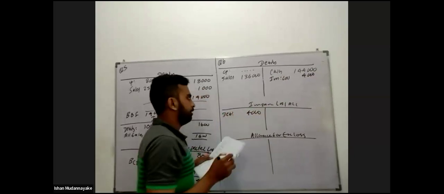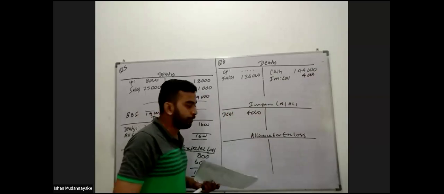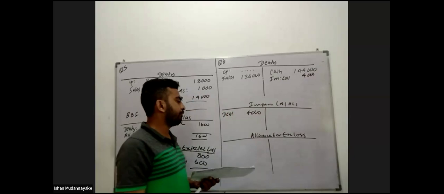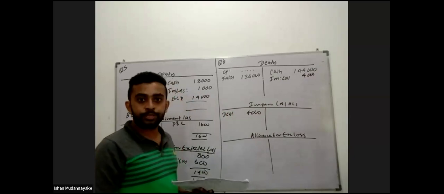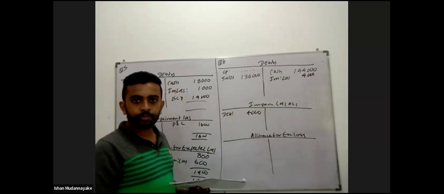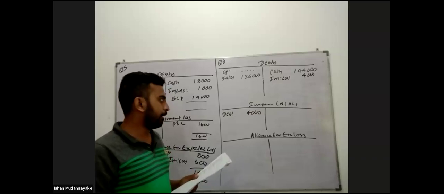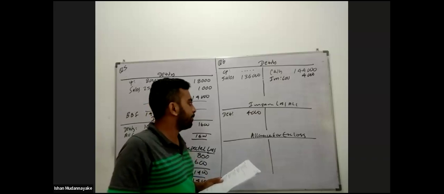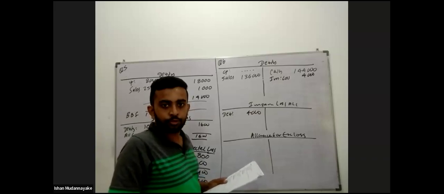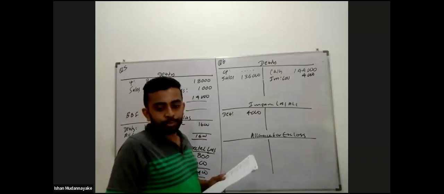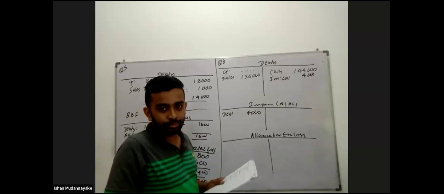Then the bad debts. You can't recover 4,000 from debtors because of the bankruptcy of his business, so that 4,000 you can directly remove from the debtors account. Debtors account credit, impairment account debit. You know the exact amount. But in allowance for expected loss, in provision for doubtful debts, you don't know the exact amount.